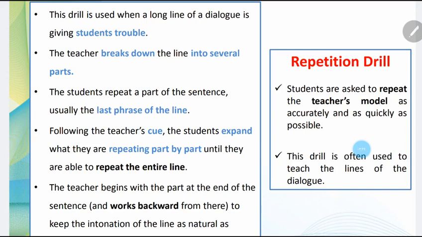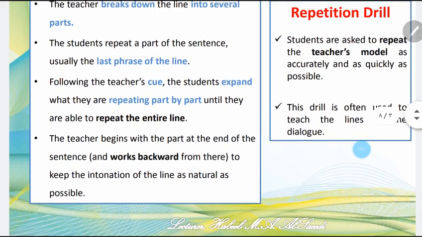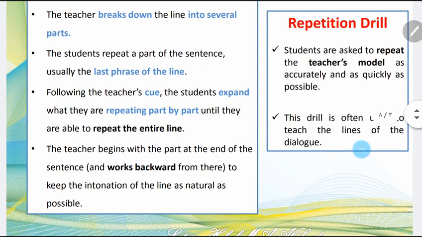The teacher starts rebuilding the sentence starting with the last phrase, and the students follow the teacher's cue. The students expand what they are repeating part by part until they are able to repeat the entire line, pronouncing it correctly and without any problem. The teacher begins with the part at the end to rebuild the long line.